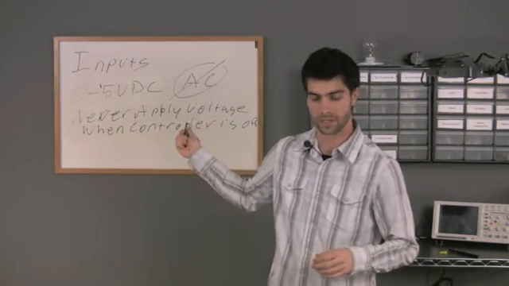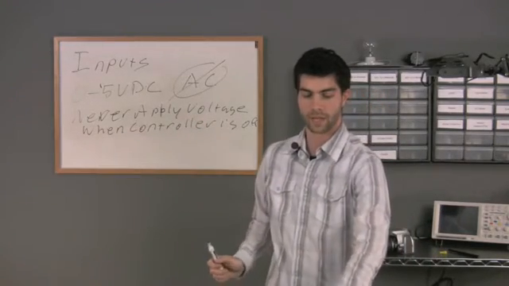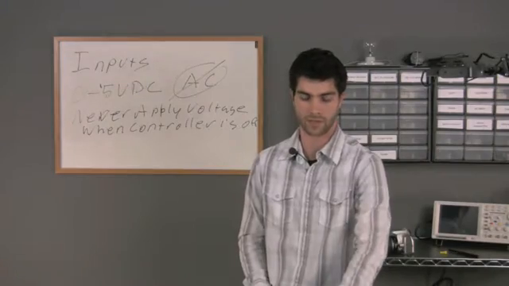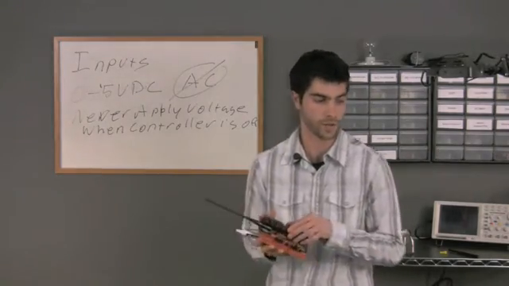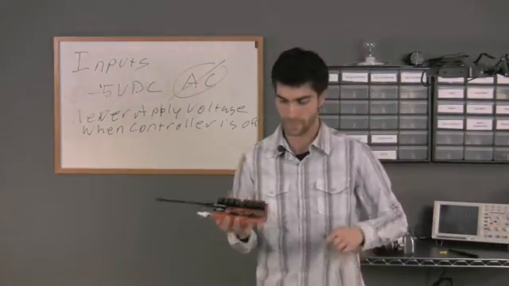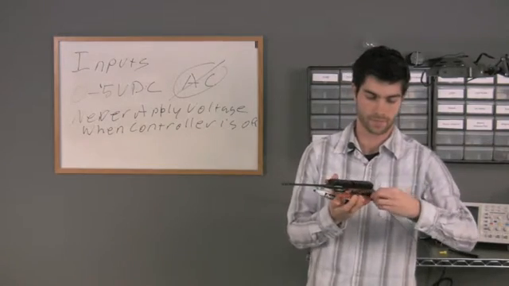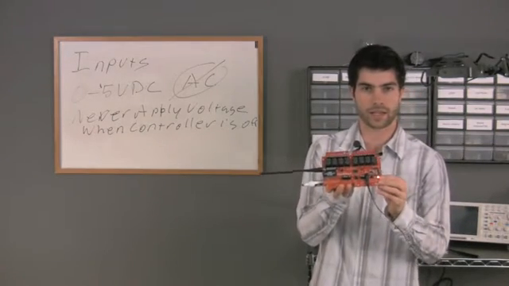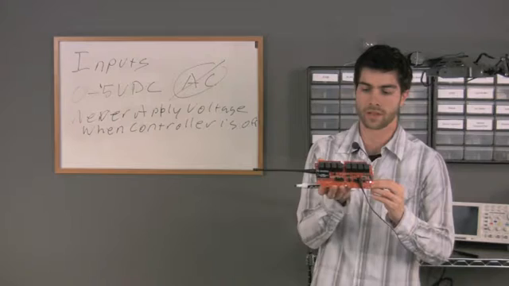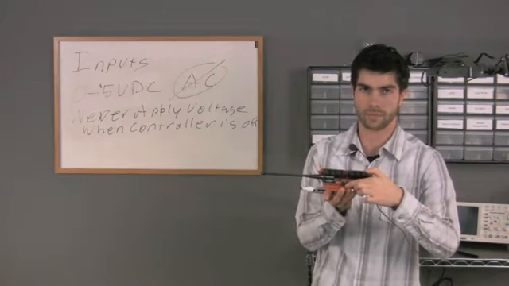That's very important. Never apply voltage to these inputs if the controller doesn't have power, which means if that little light isn't on right there, make sure you don't have any power attached here.